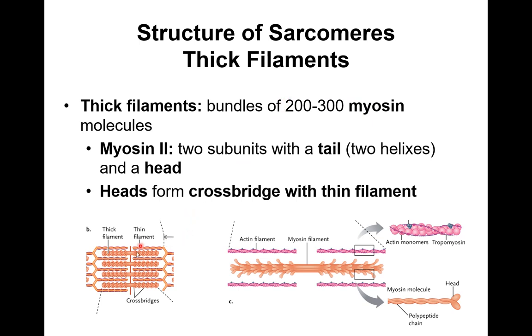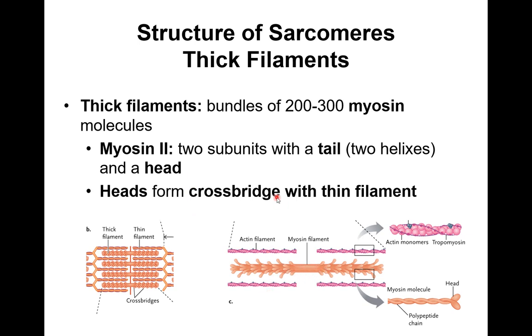Each thick filament is made by about 200 to 300 myosin molecules wrapped together. In each myosin, you can find a tail part, which is where they all join together. So it will be right here. These are all the tails put together, forming the main structure. Then you have the head sticking out from the filament here.